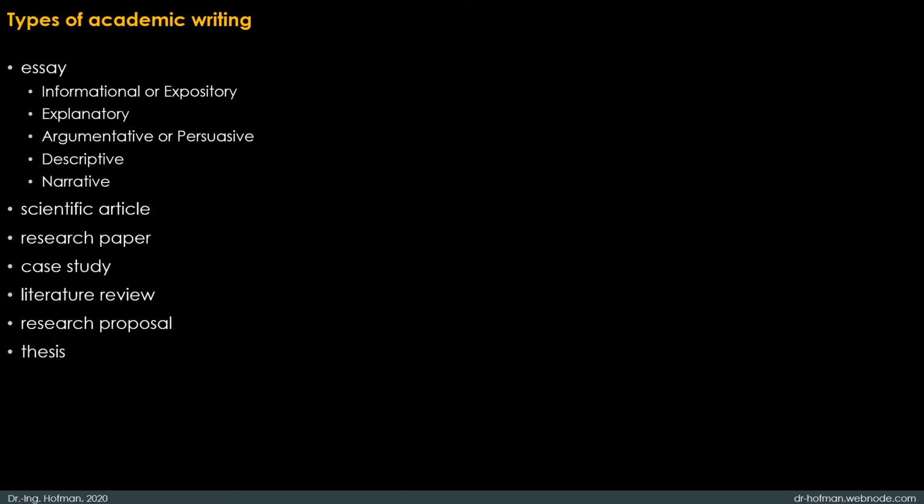Several types of literature reviews. It could be part of a larger work and selective, then it's the introduction to a journal article, for example. If it is part of a larger work and comprehensive, then it's a thesis or dissertation.